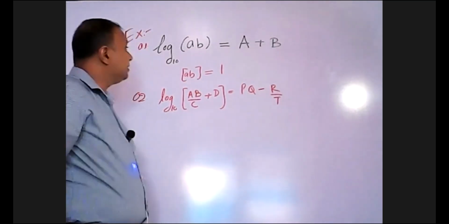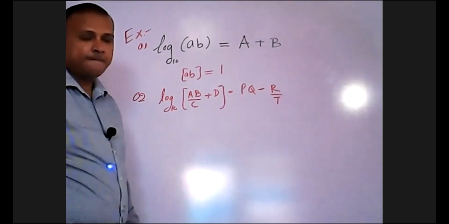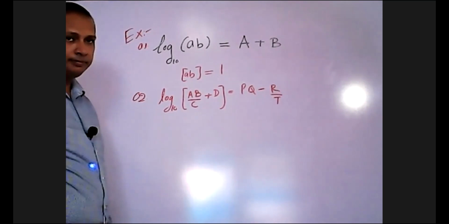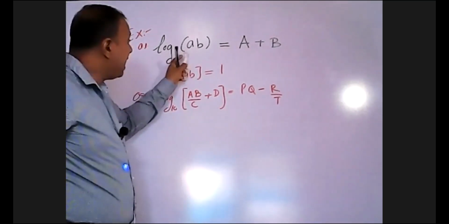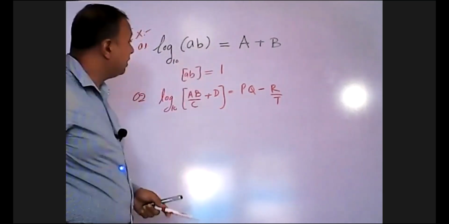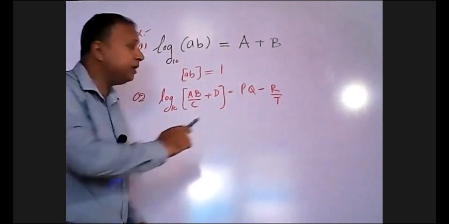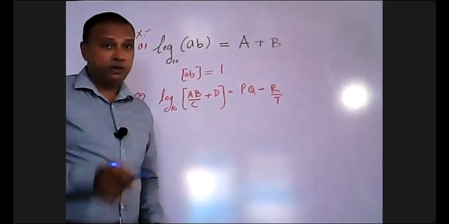Okay, look at this. Look at the example one. So in that case, there is an expression within the logarithm function. What is the expression within the logarithm function? AB. AB is the expression within the logarithm function.